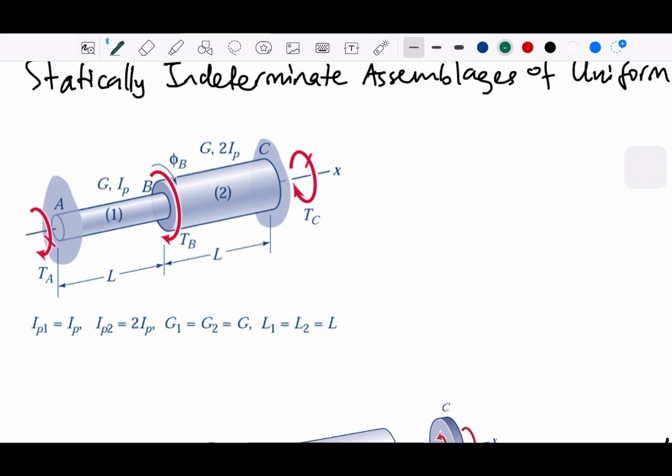And all the information is given, including the modulus, the inertia. The material 2 is twice inertia of material 1. Okay. We also have the length, and all the given information here, all is given. Okay.